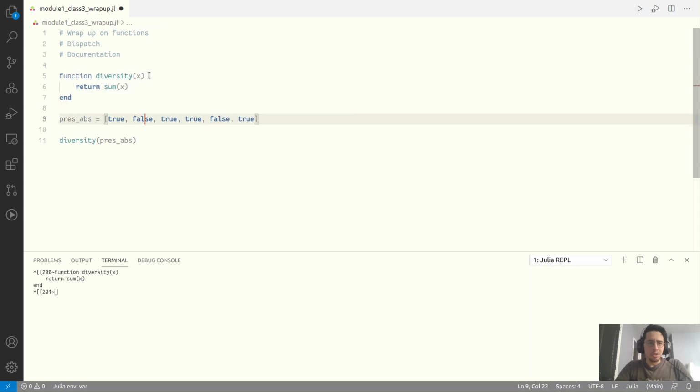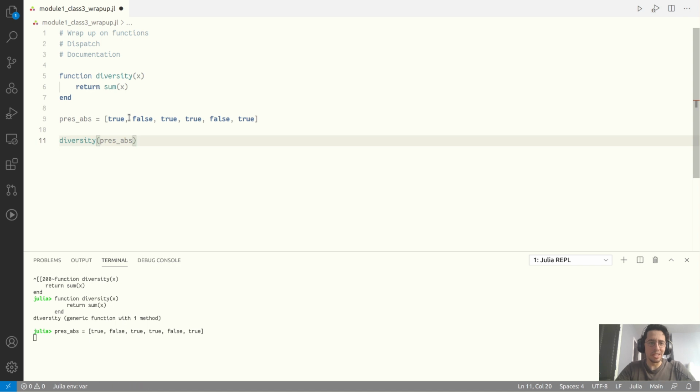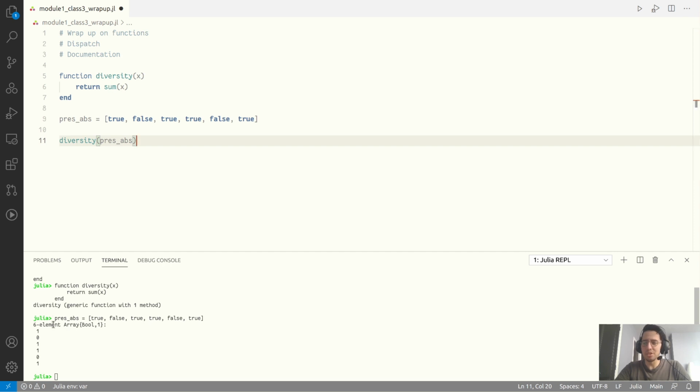So we run the function diversity. It is going to tell us that we have one function called diversity, which has one method. Yes, so diversity is a generic function with one method. We are going to make a vector of Boolean values. So presence absence is an array of Boolean values with 6 elements.